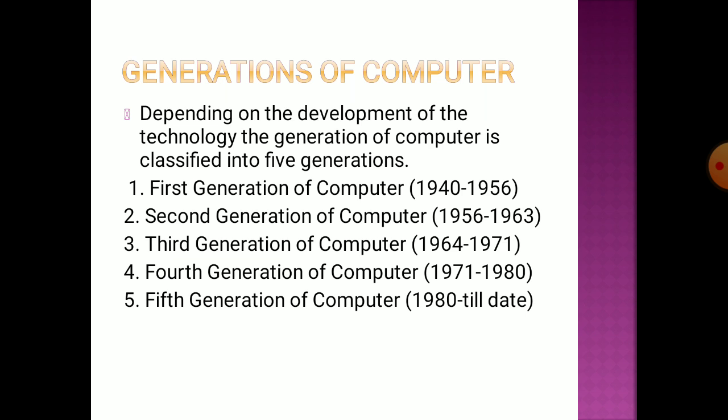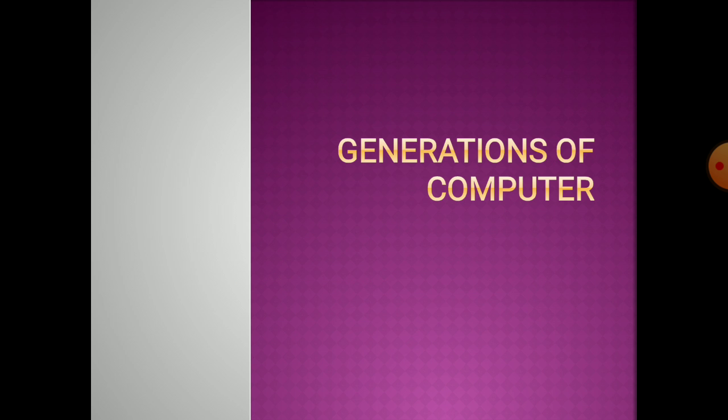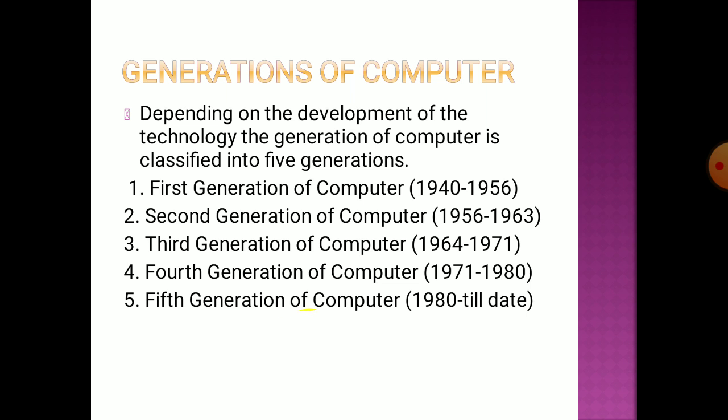So totally we have 5 generations named in a sequence: first generation of your computer, second, third, fourth, and the last one is the fifth generation of your computer. The first generation of computer starts in the era 1940 till 1956. The second generation starts from 1956 to 1963.